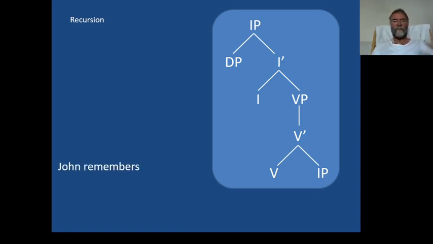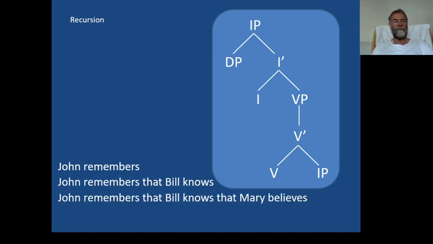For example, take a sentence, John remembers. You can give remember a clause as its complement, and you could say John remembers that Bill knows. Knows can also be a verb with a clausal complement, so you can say John remembers that Bill knows that Mary believes.